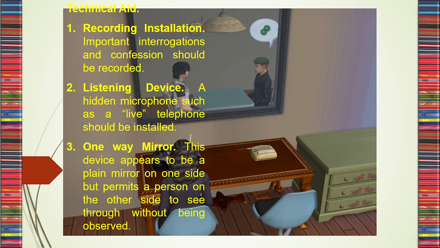A hidden microphone such as a live telephone should be installed. Means to say we can hear what is being discussed inside the interrogation room. And third is the one-way mirror. This device appears to be a plain mirror on one side but permits the person on the other side to see through without being observed.